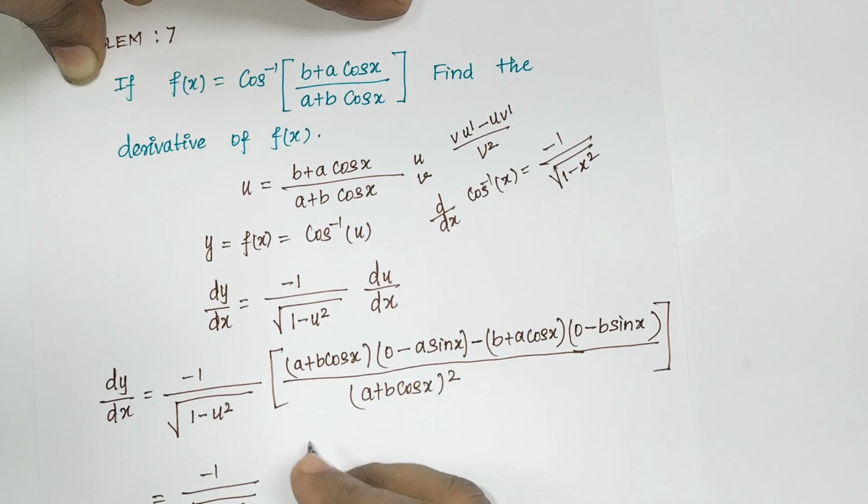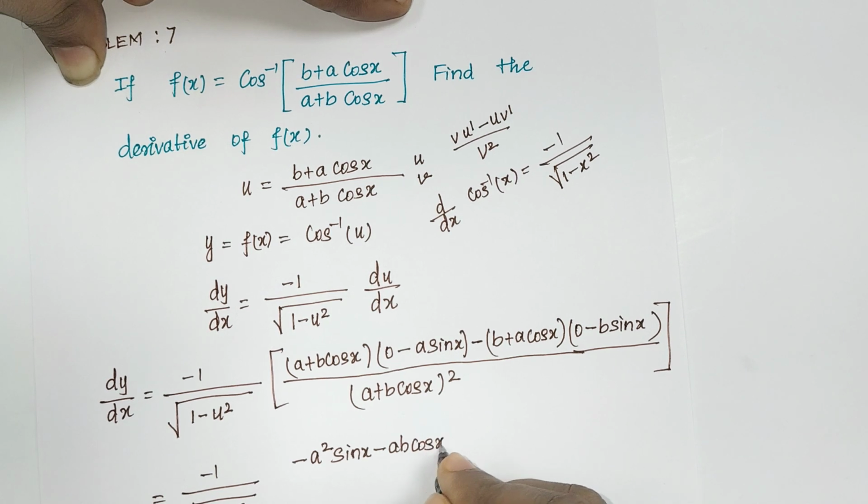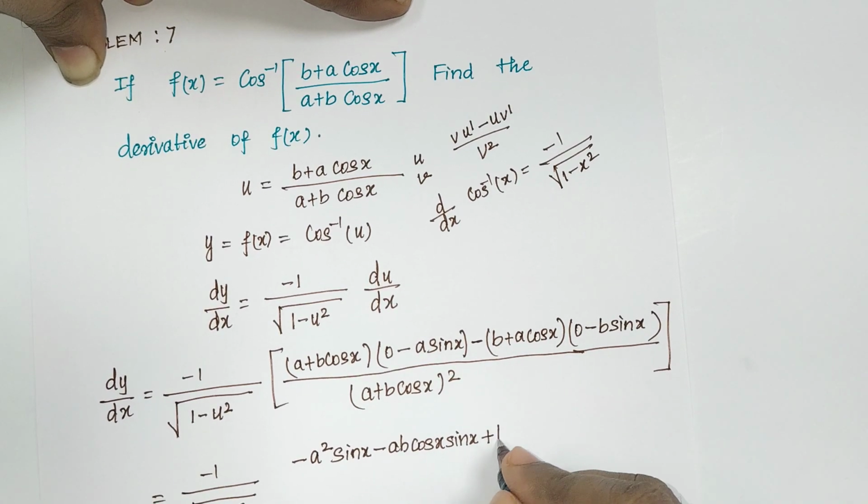Simplify this, you will get minus a square sin x and minus ab cos x sin x. Next, minus into minus gives plus b square sin x.